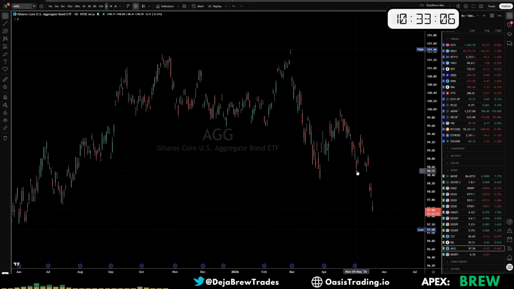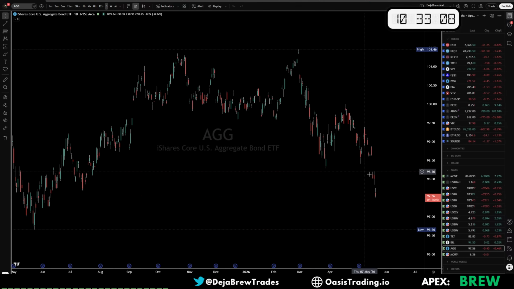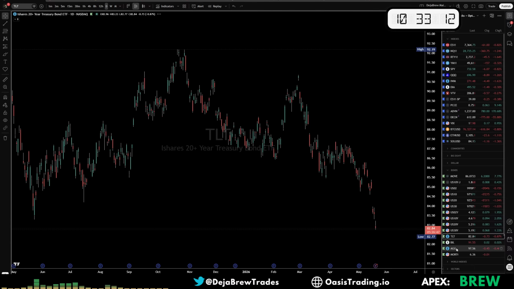Look at the bond ETFs here. TLT and AGG, two of the biggest bond ETFs, and they are nuking.